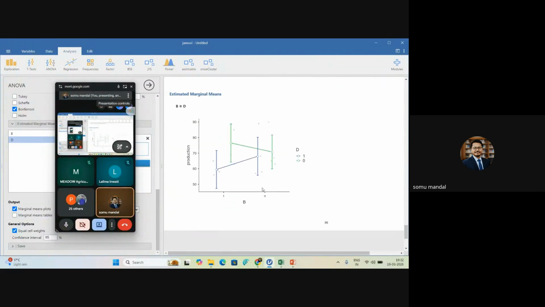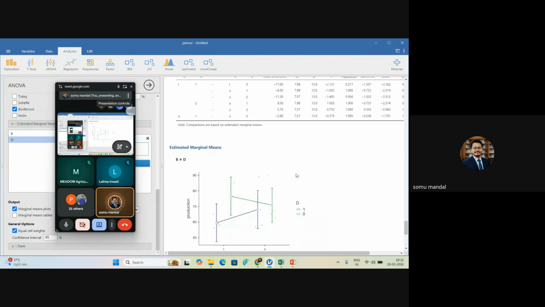Okay, this is a plot. So the estimated marginal mean values exactly between the analysis for 1 or 0 when you apply different kinds of fertilizer.